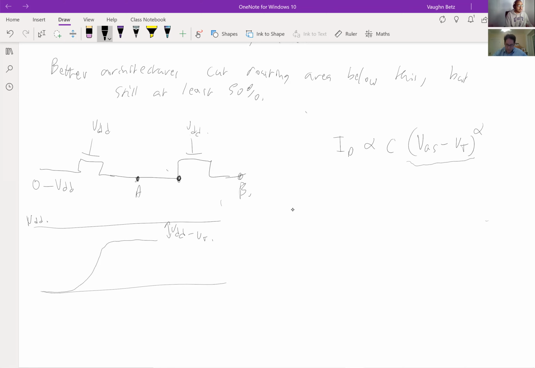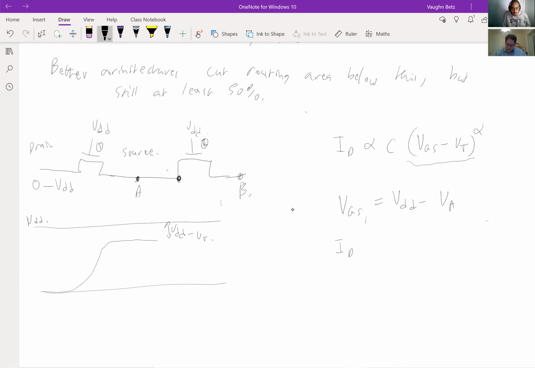Let's go through what happens to all these voltages. When you're operating in this mode, think of this as your drain and this as your source. Let's do VA first. Let's call this transistor 1 and this transistor 2. Transistor 1 has VGS1 equal to VDD minus VA.